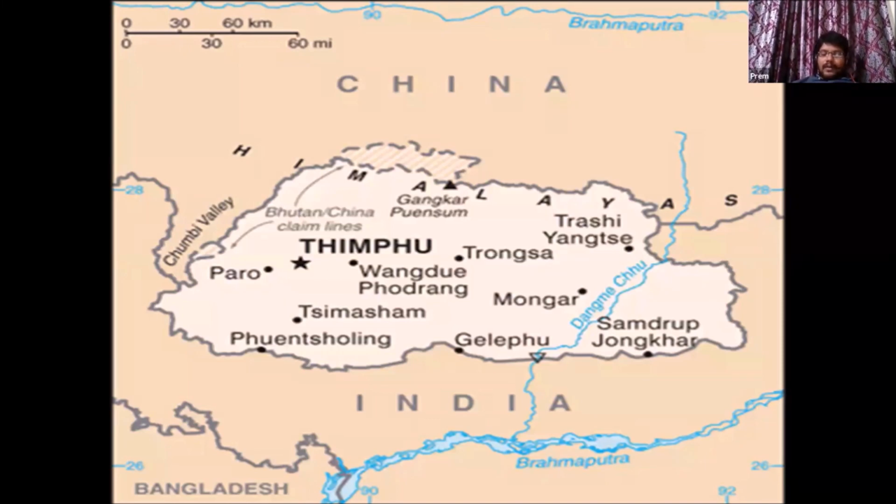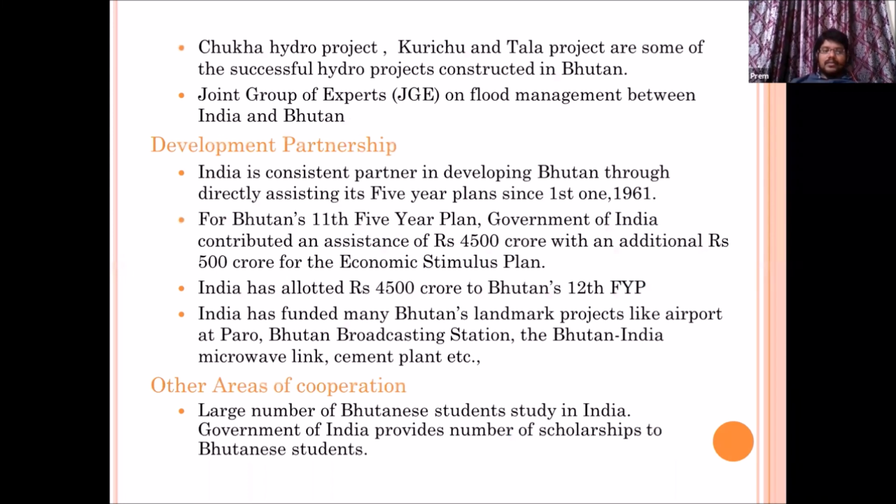That is why, apart from hydropower generation, we also have a water sharing and flood management agreement between Bhutan and India. There is a joint group of experts on flood management between India and Bhutan. And examples of successful hydro projects are the Chukha Hydro Project, Kurichu, and the Tala Project.